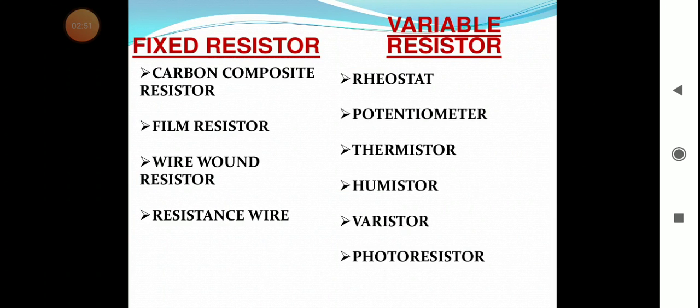From the fixed resistors we have the carbon composite resistor, film resistor, wire wound resistor, and resistance wires. Variable resistors we have the rheostat, potentiometer, thermistor, humistor, varistor, and photoresistor. Like that we have the variable resistors.